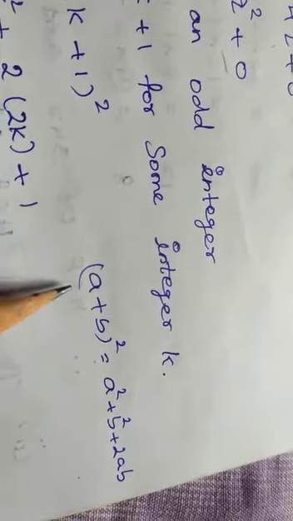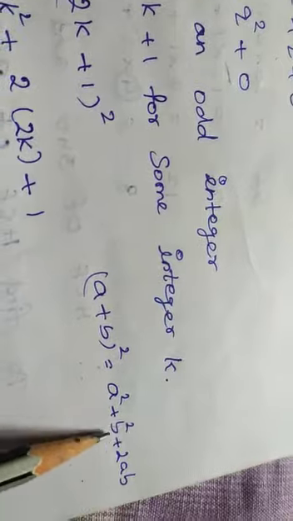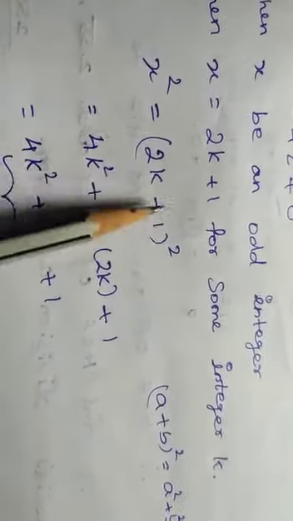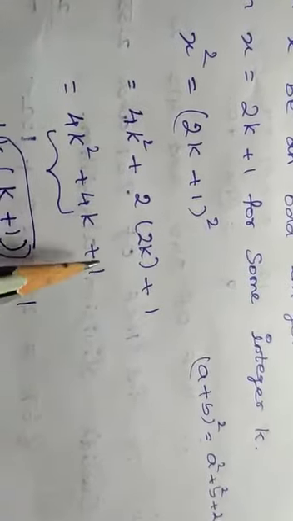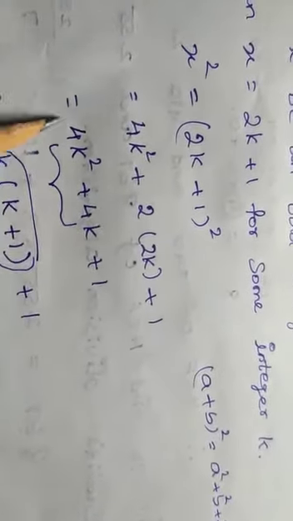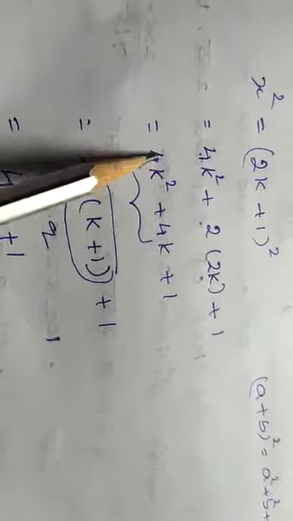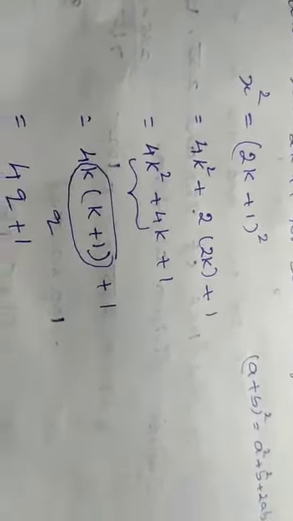So when I square x, I will square this whole thing, that is 2k plus 1 whole square. By the a plus b whole square formula, a square plus b square plus 2ab, that is equal to 4k square plus 2 into 2k plus 1, that is 4k square plus 4k plus 1. We will take 4k common outside for these two and 1 will be remaining there.